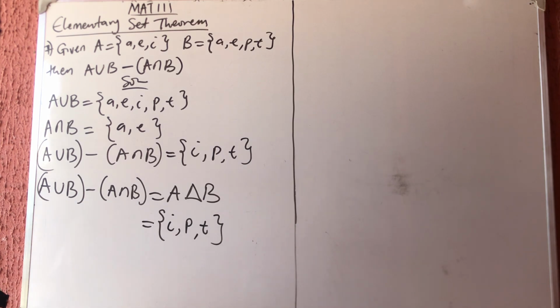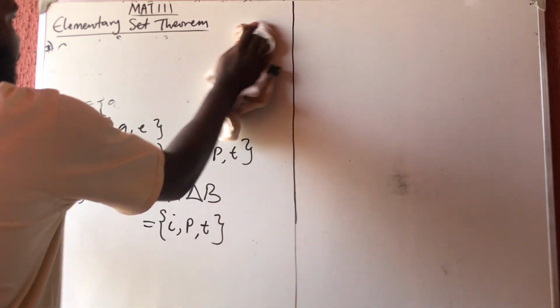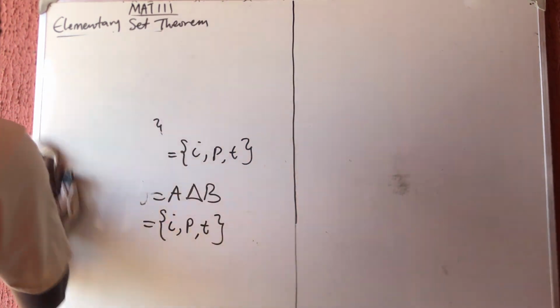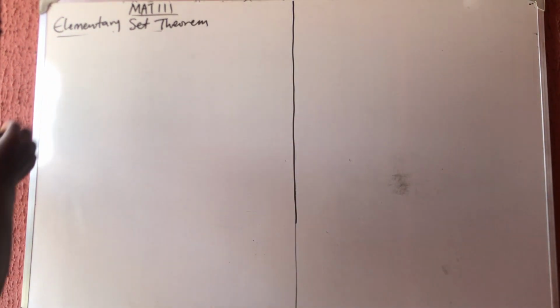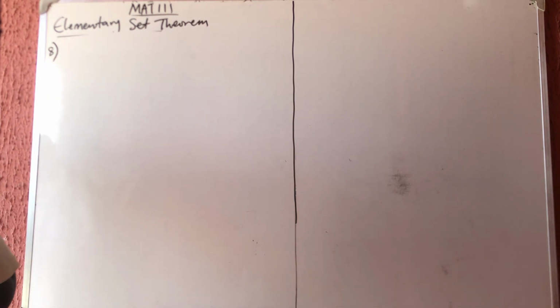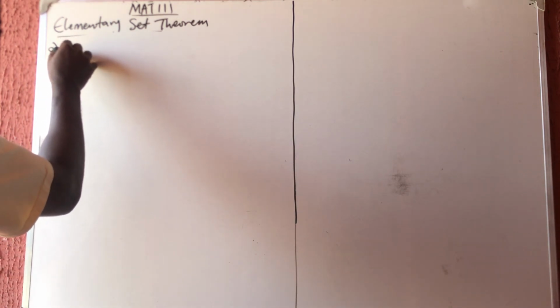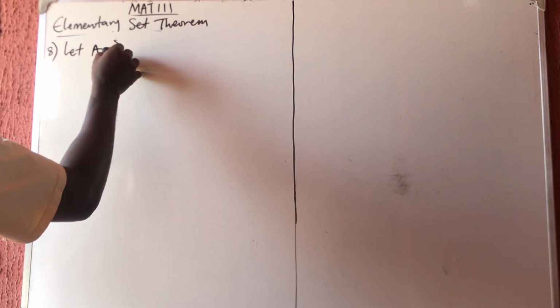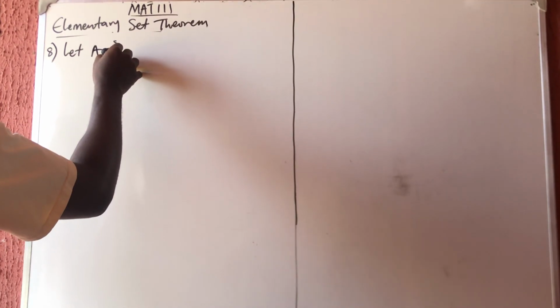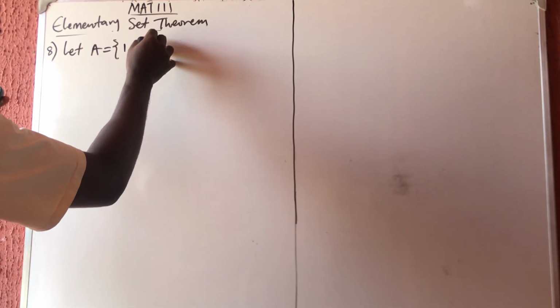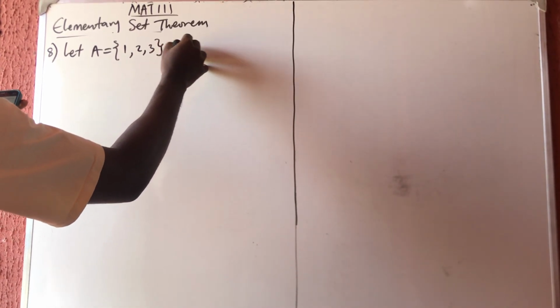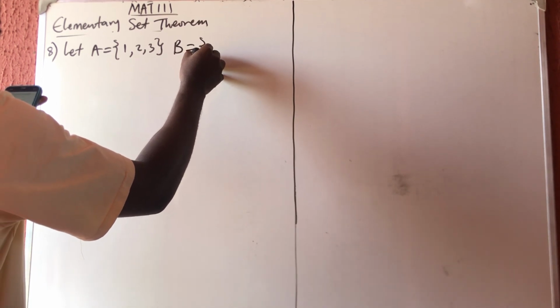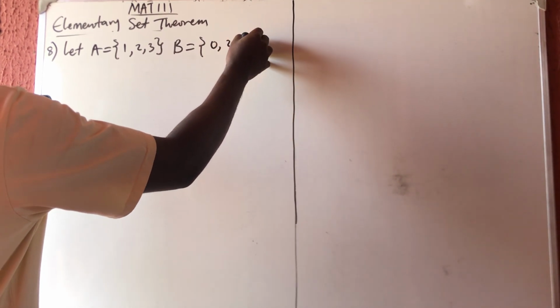So the next one, let's look at question number 8. Question number 8 said, let A be equal to the set of 1, 2, and 3, and B be equal to the set of 0, 2, and 4.